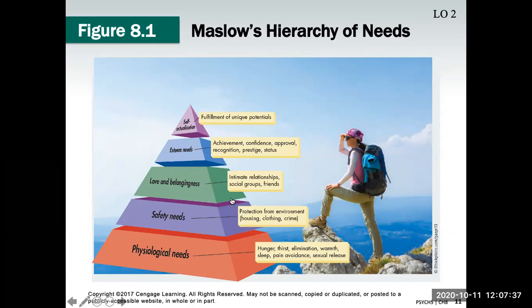That's just not really how it works. What if you get sick? What if you develop COVID-19 or something, and then suddenly you have all of these things, but you can't focus on them because you need to focus on your physiological needs? So, there are some holes here, but it's a useful model in a lot of ways.